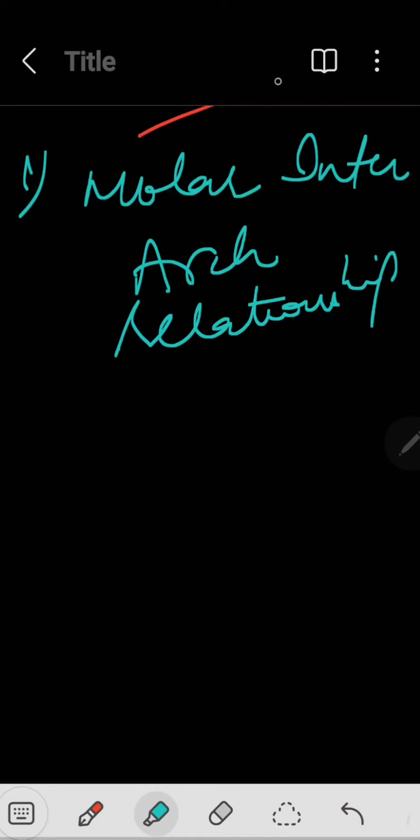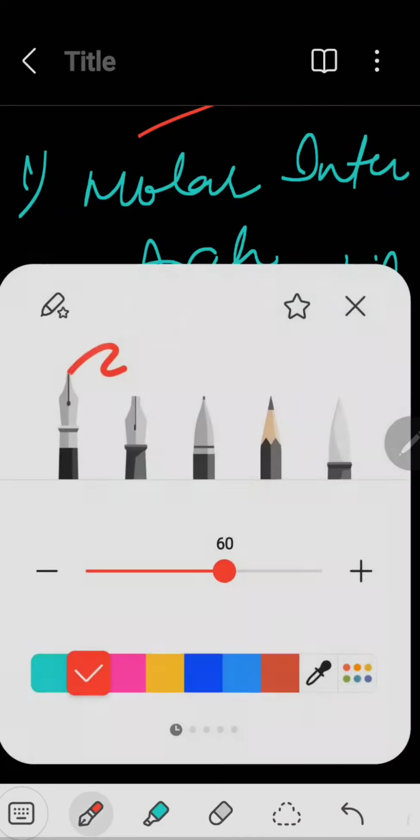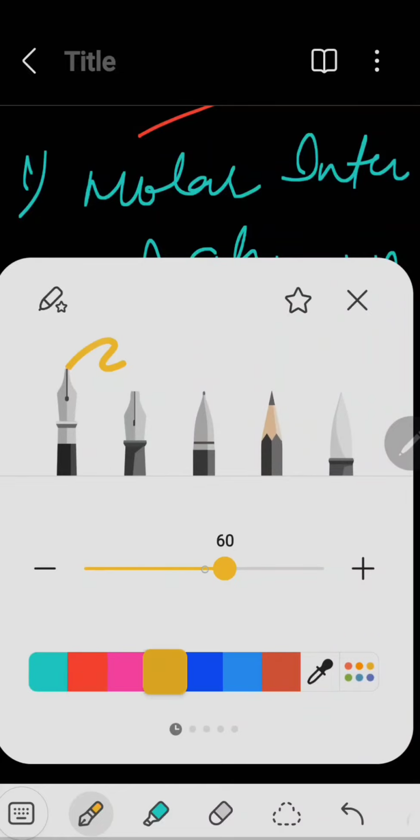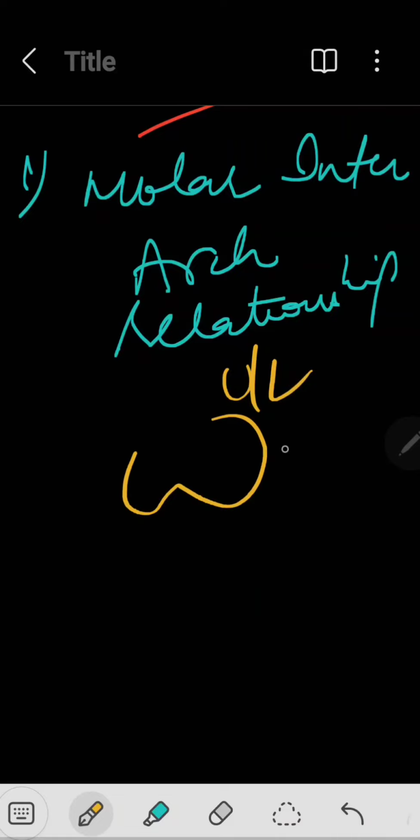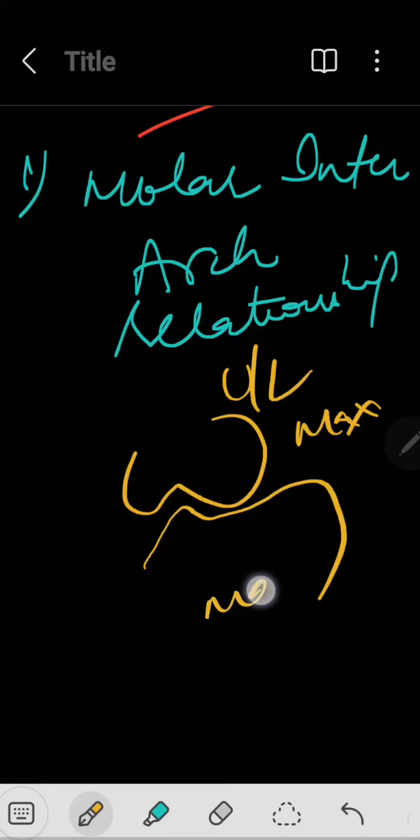Basically it describes how the molar has to be placed between the arches, between the upper and the lower arch. This is the maxillary teeth, this is your mandibular teeth.